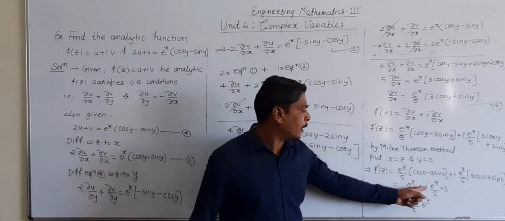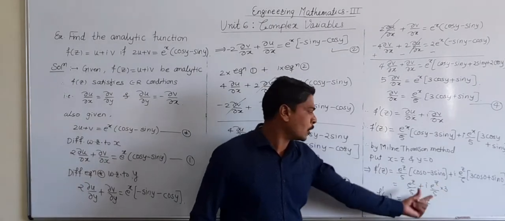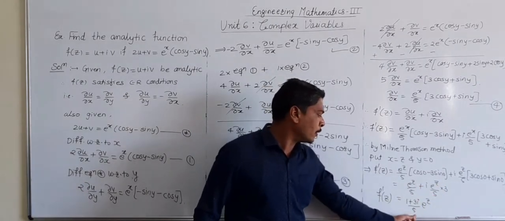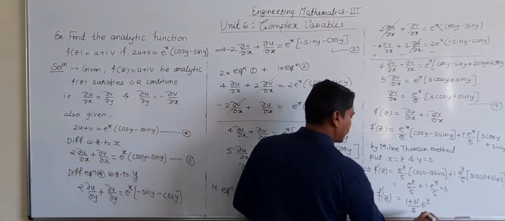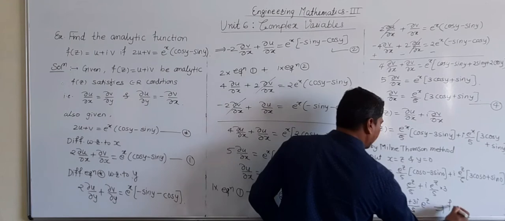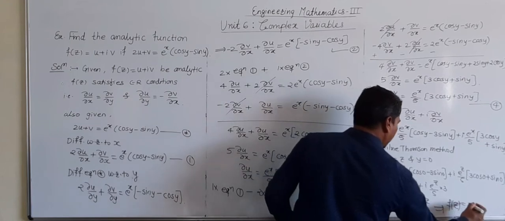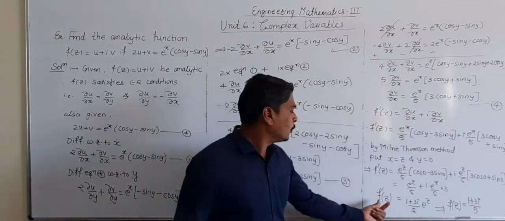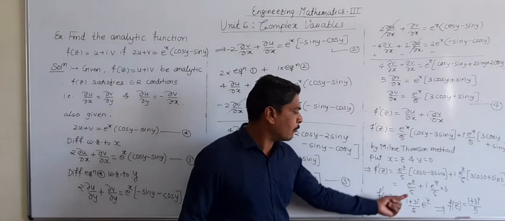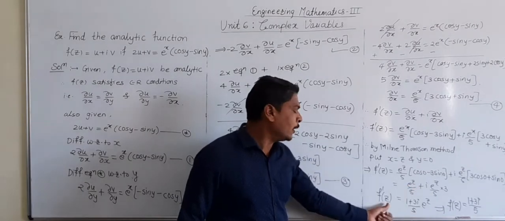Okay, by taking e^z common from these two terms, and the denominator is the same, so keep it once, and now this implies f'(z) is equal to (1 + 3i)/5 e^z. Here we get f'(z). Our requirement is to find f(z). So integrate this.